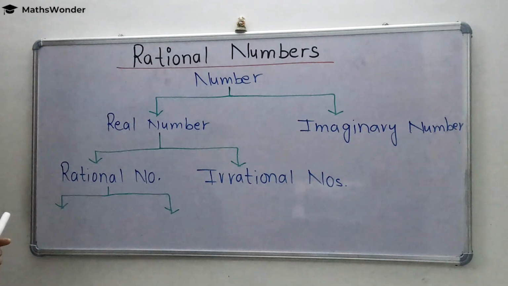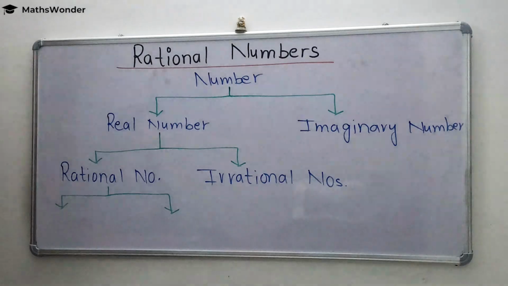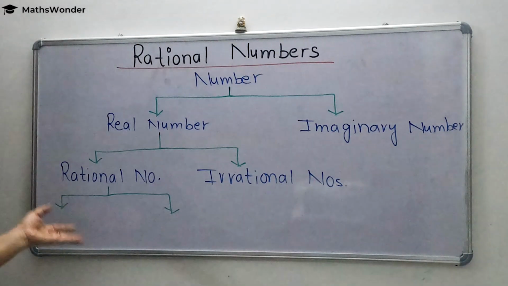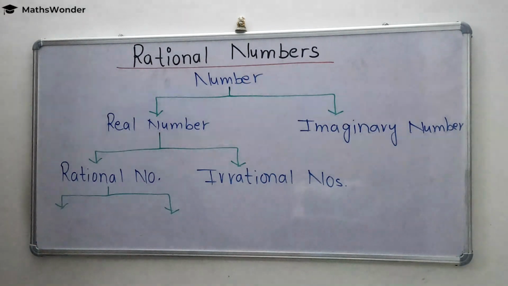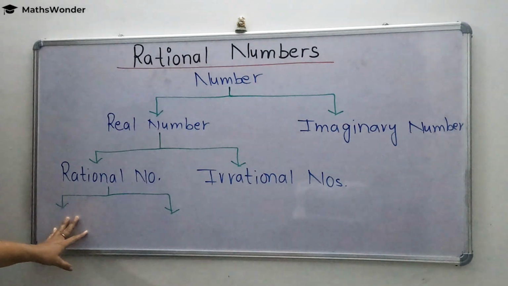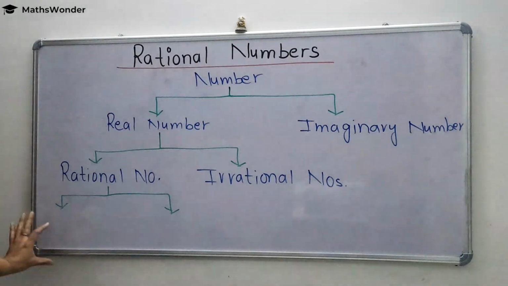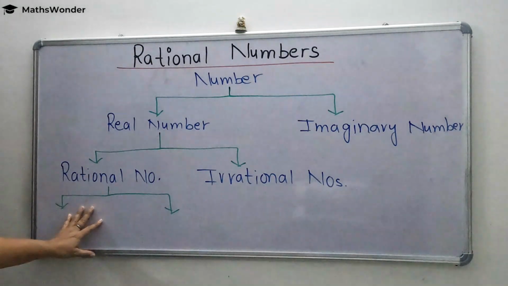Which type of number? Fractions, decimals, whole numbers, natural numbers, prime numbers, composite numbers, terminating, non-terminating and repeating, non-terminating and non-repeating. So there are so many numbers. Integers, right?